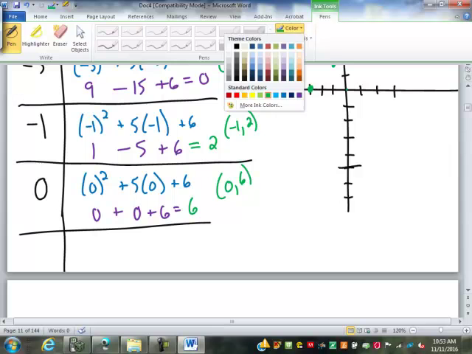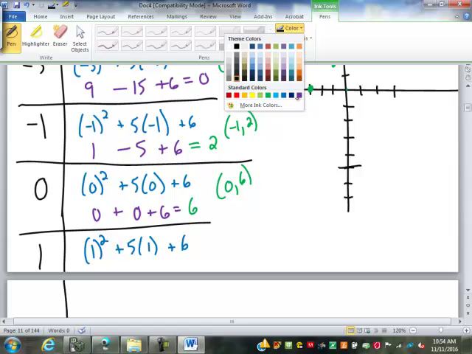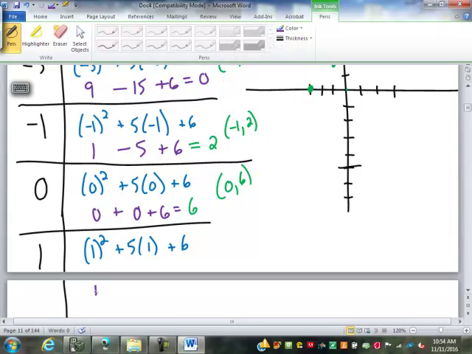Now if I try the point, put in 1 for x. We've got 1 squared plus 5 times 1 plus 6. Well, 1 squared is 1. 5 times 1 is 5 plus 6. 1 plus 5 is 6 plus 6 is 12.